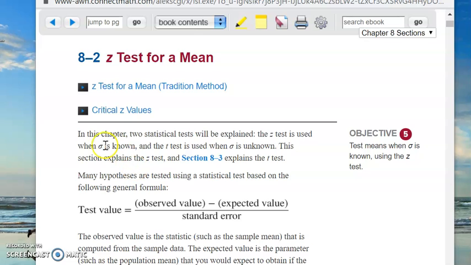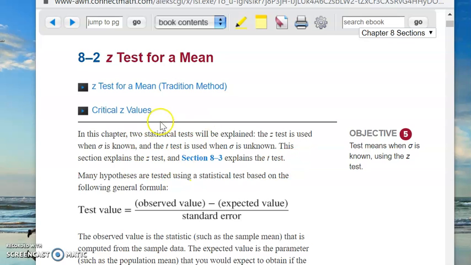Okay, so let's take a look here. There's not a typo, but just a little bit of confusion here. It says, in this chapter, 2 statistical tests will be explained. The Z-test is used when sigma is known. And I've already mentioned that to you, right? You use the Z-test if you know the population standard deviation. The T-test is used when sigma is unknown.